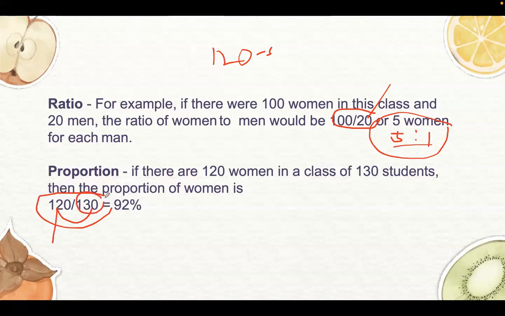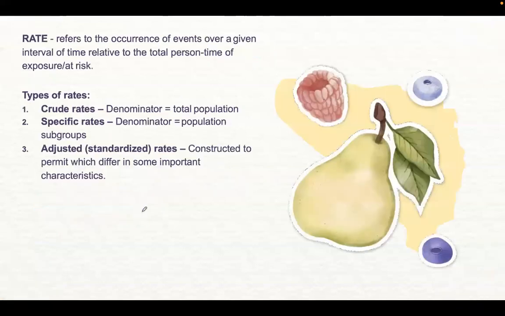So, you have to divide 120 over 130. Ang magiging sagot niyan is parang 0.92. So, ang kanyang expression will be in percentage. Thus, the answer is 92%. So, 92% ng number of students dun sa klase na yon ay puro babae. So, ganyan po natin siya i-express.